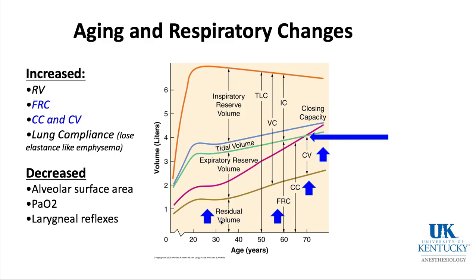Because expiratory reserve volume as well as residual volume makes up the functional residual capacity, that's the next arrow we will look at, big blue arrow, and trace it up to the green line, and you can see that FRC is increasing. So the elderly patient has a larger FRC. As we age, FRC goes up.